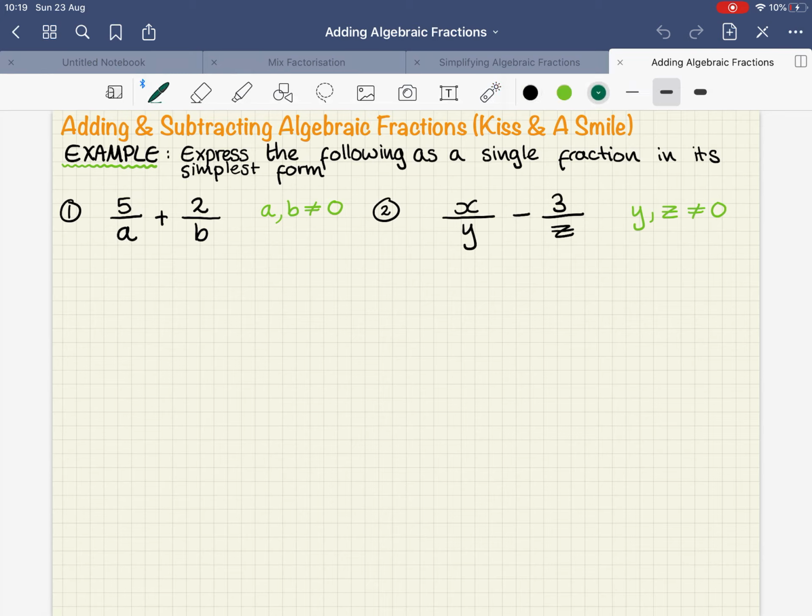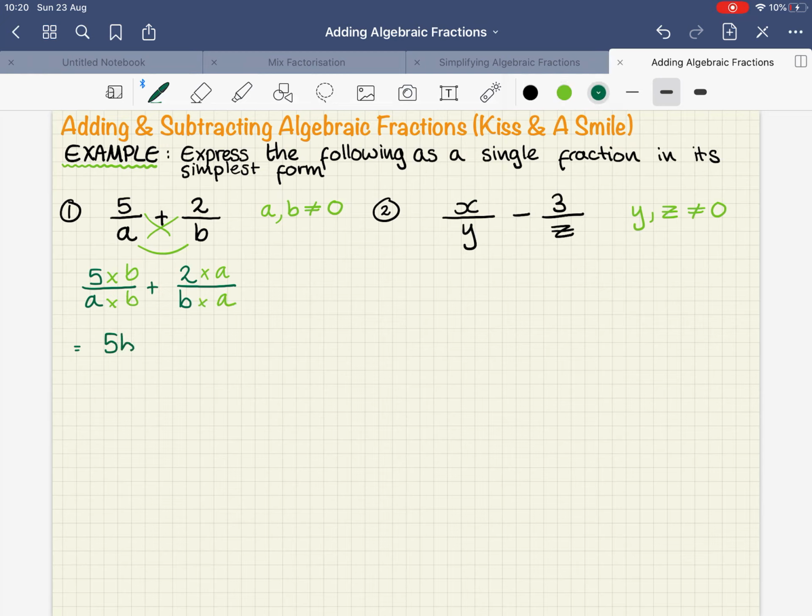So algebraic fractions are going to work pretty much the exact same way as our numerical ones. The idea is we want to get our denominators to become the same. So I multiply across the diagonals and I multiply the bottoms together. And I'm just going to neaten it up a little bit.